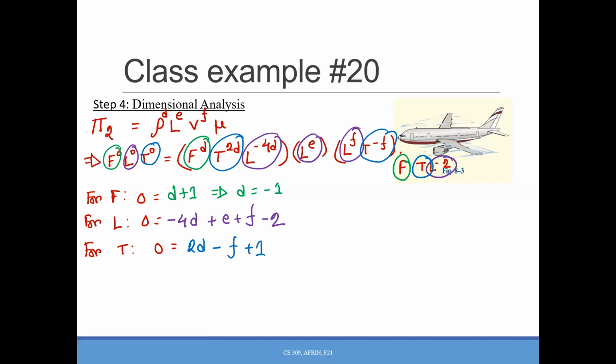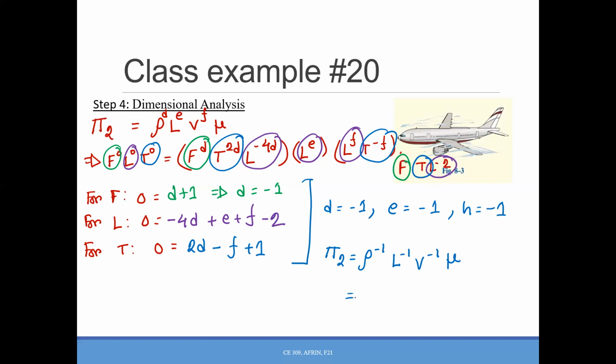Okay, now if you solve these, you should get D equals to negative 1, E equals to negative 1, and F equals to negative 1. So basically you have pi 2, rho^-1, L^-1, V^-1, and viscosity.